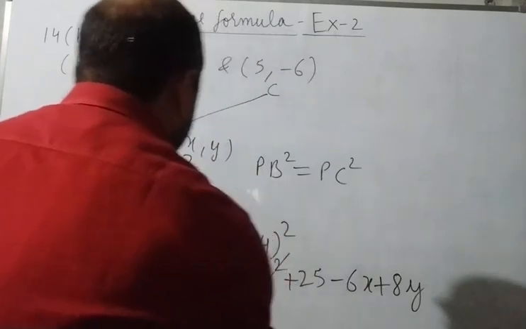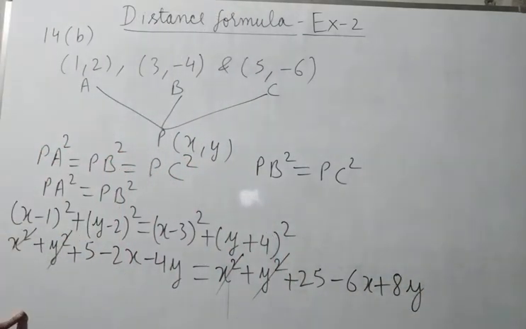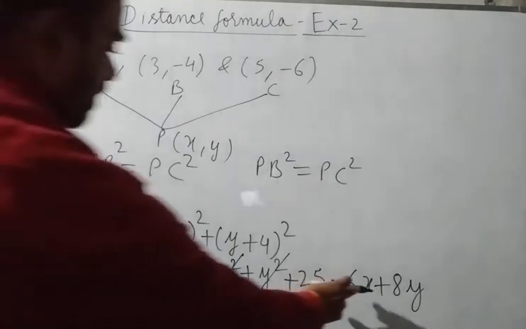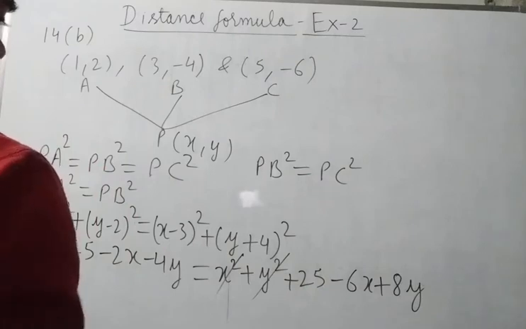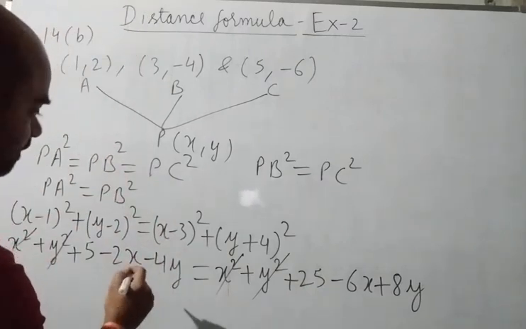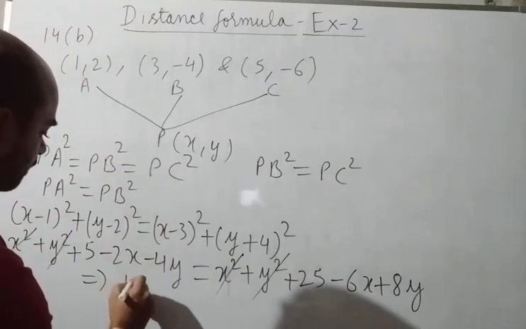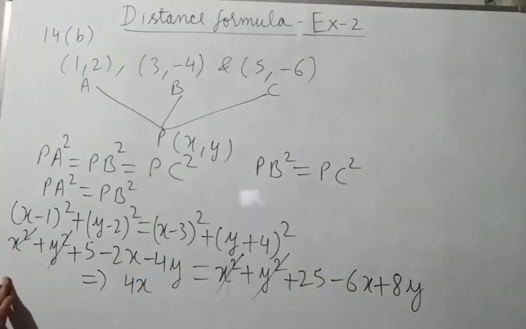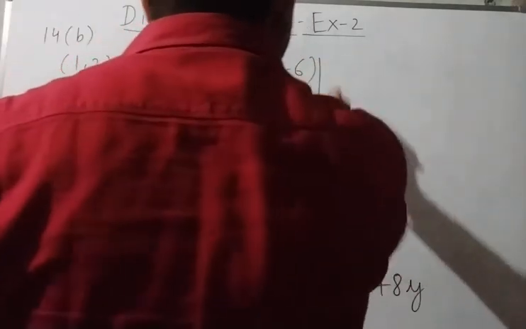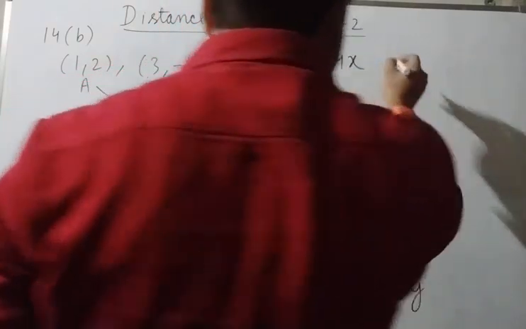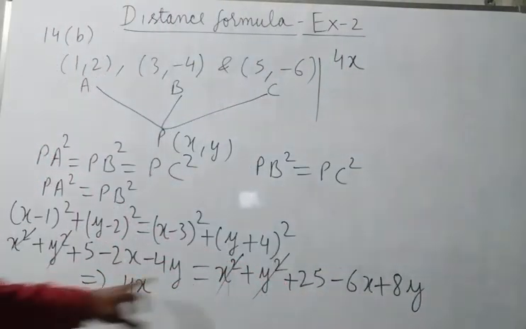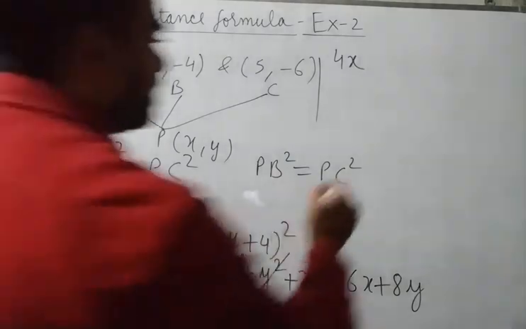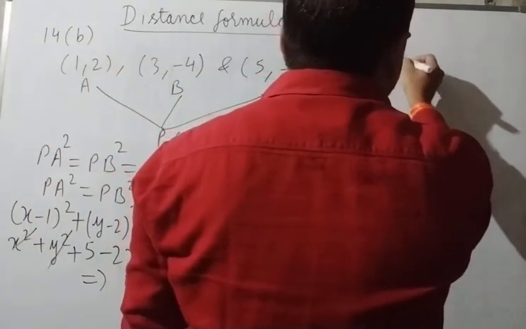So x square, y square cancelled, correct? So what is left? Finally, transposing, minus 6x minus 2x gives 4x minus 6x, then 8y transposed gives minus 12y.